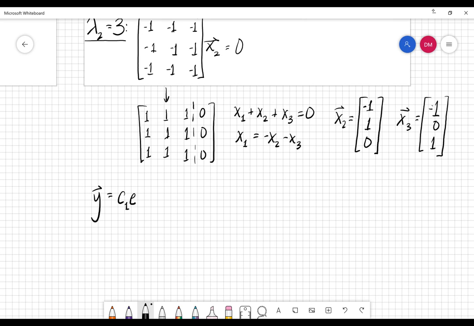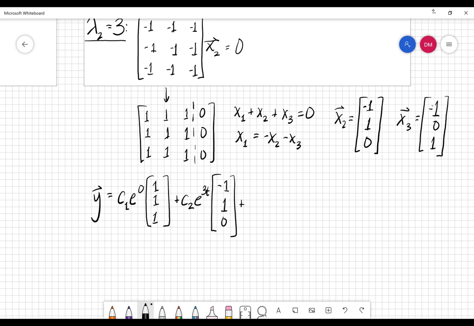e to the lambda t, that first lambda was 0. And then that first eigenvector, we chose 1, 1, 1, based on what we saw from our matrix. Plus c sub 2 e to the lambda 2, which is 3t, times our eigenvector.